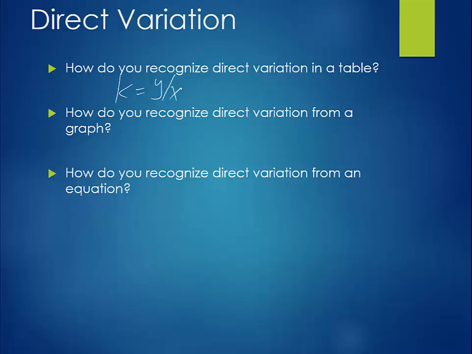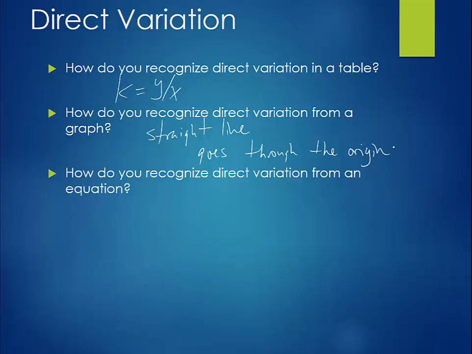How do you recognize direct variation from a graph? Well, recognizing direct variation from a graph, you need to have a straight line that goes through the origin. And then lastly, how do you recognize direct variation from an equation?